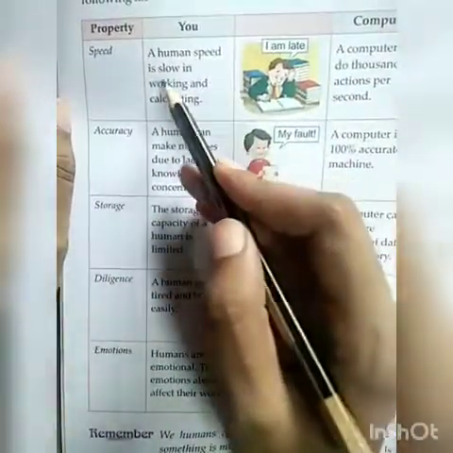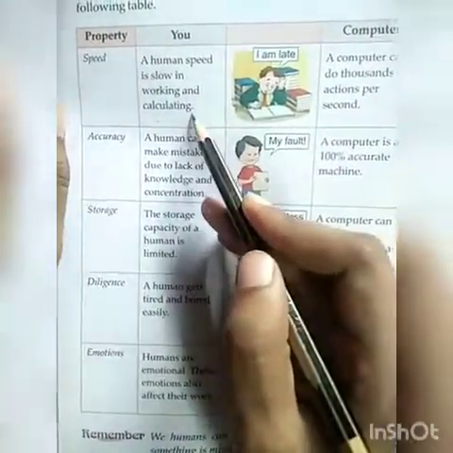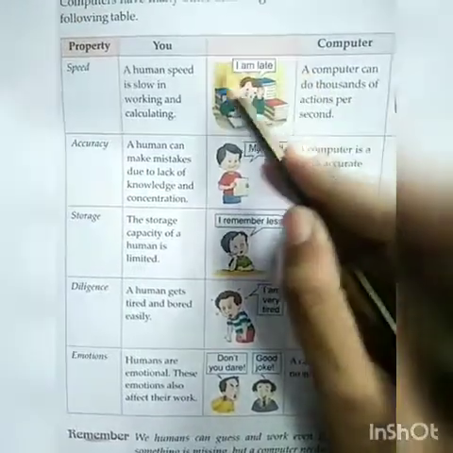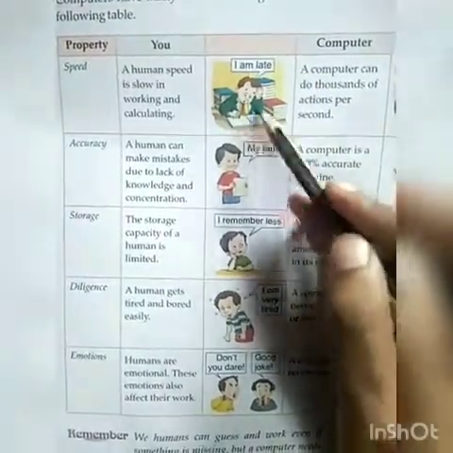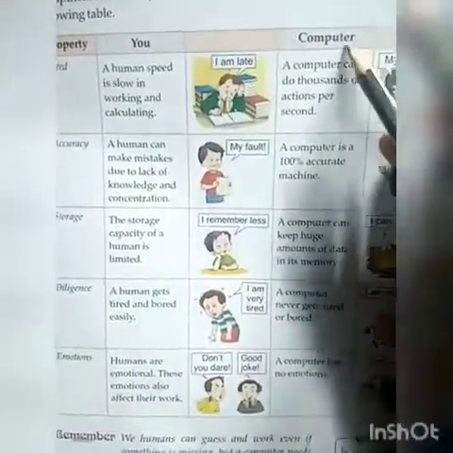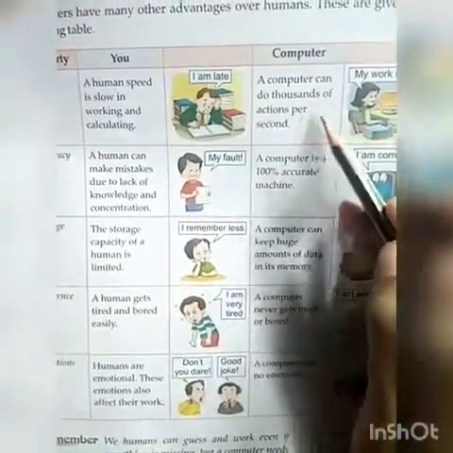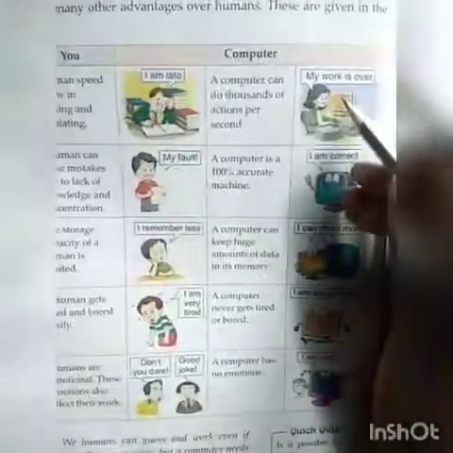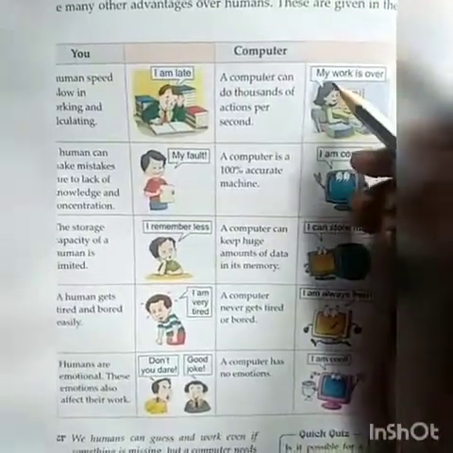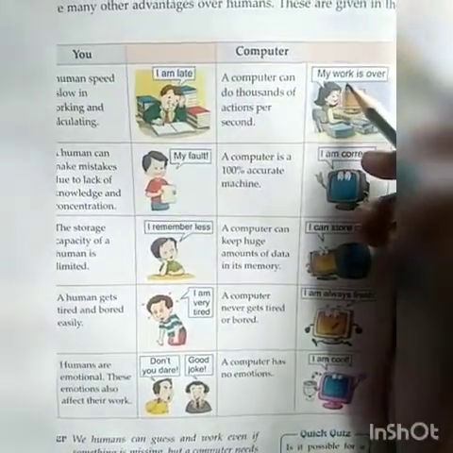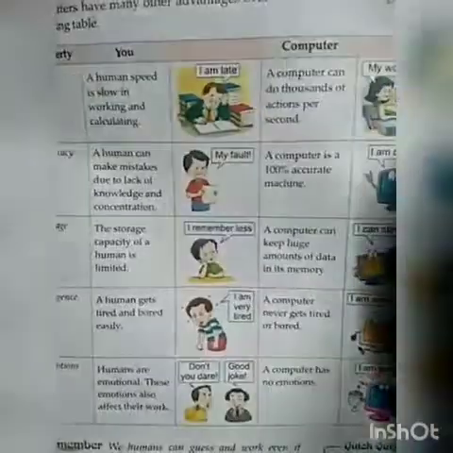A human's speed is slow in working and calculating. Here we can see this guy says, I am late. Now a computer can do thousands of actions per second. Here we can see this lady says, my work is over due to the computer.